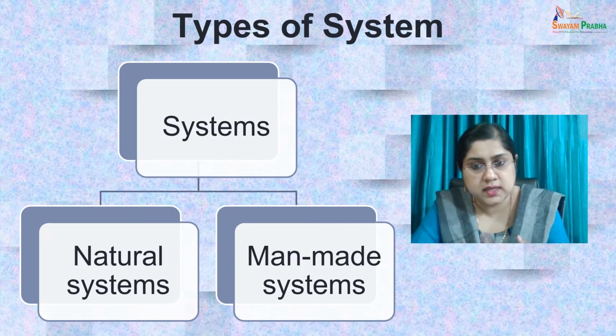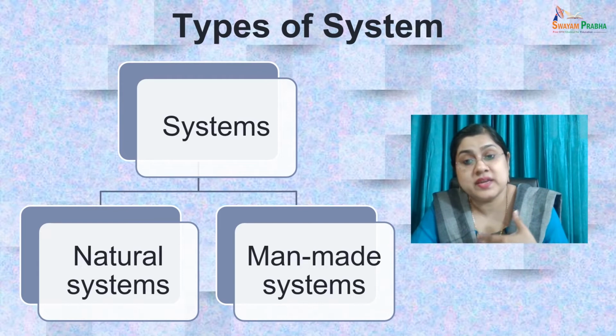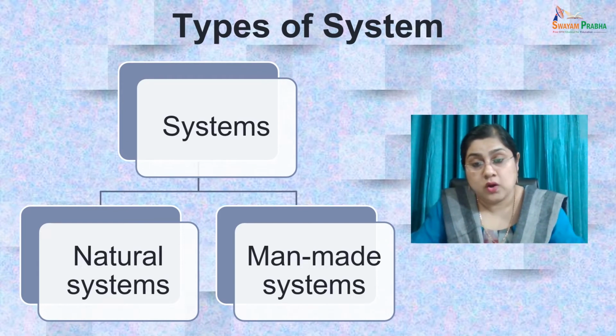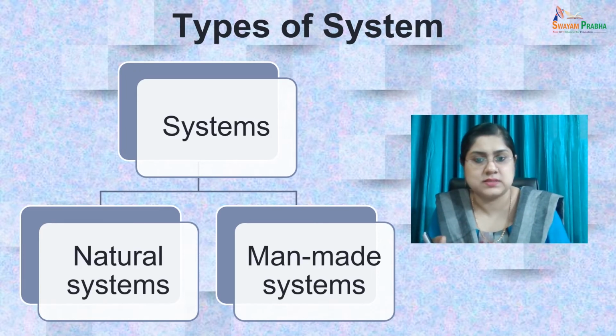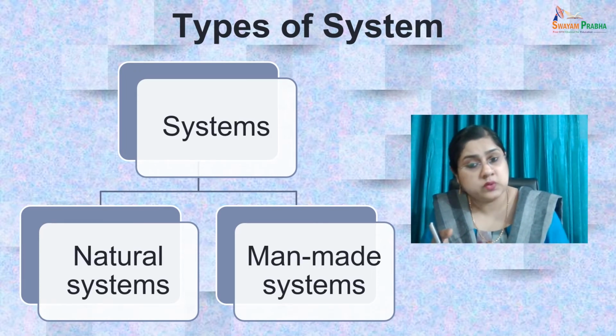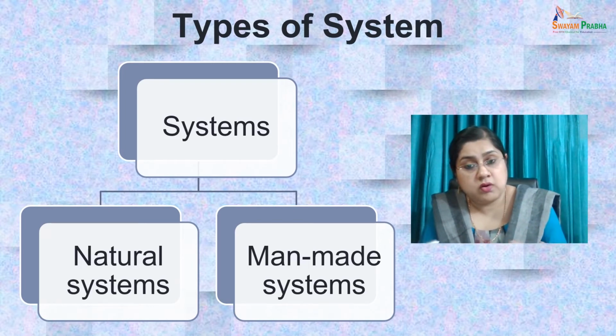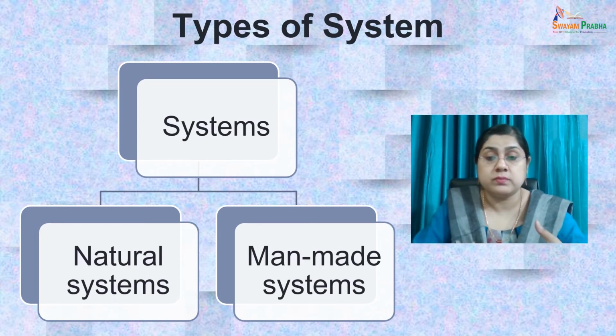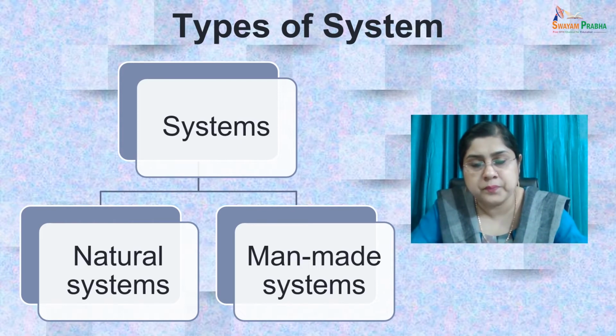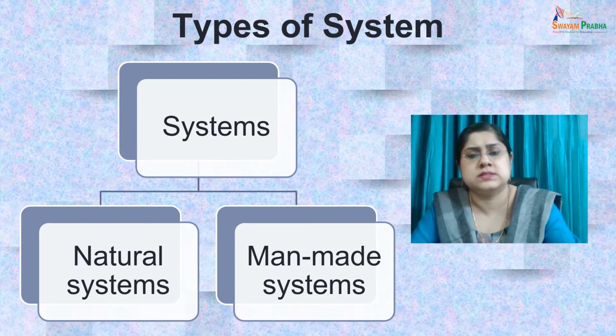Human body is consisting of various systems, and all these systems like the reproductive system, the respiratory system, the digestive system, the circulatory system, and all the other systems, they all together come around and make a human body, which is in toto an example of a best system.